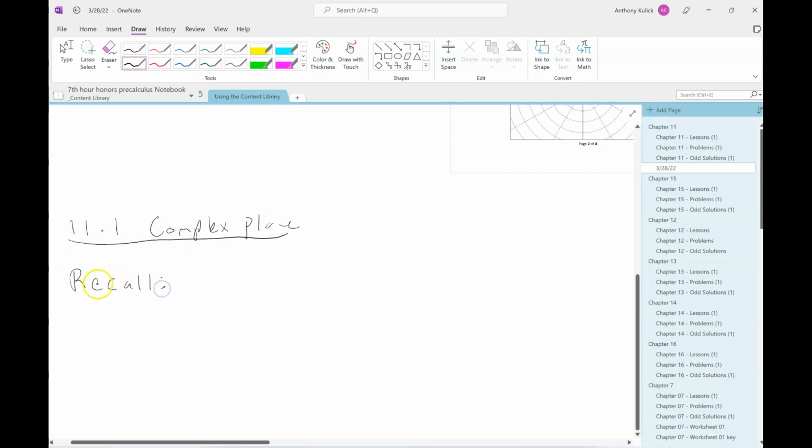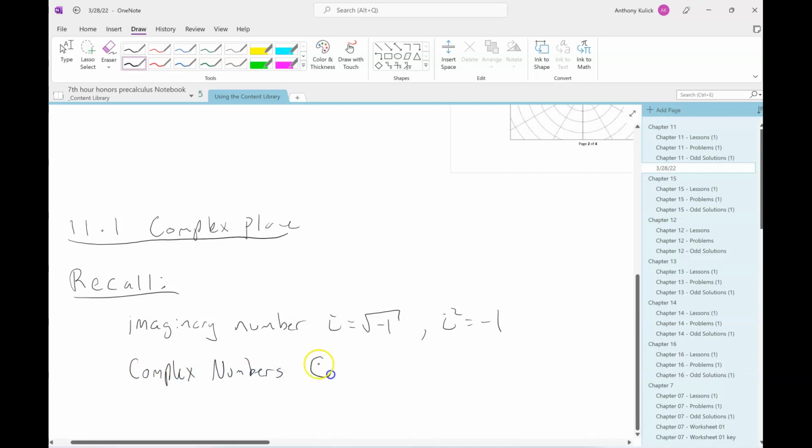So let's do a little recall from last year. So we have the imaginary number i. What's i equal to? Square root of -1. Great. And that would imply then also i squared is -1. So we took that imaginary number along with the real numbers, and we formed a new set of numbers called the complex numbers.